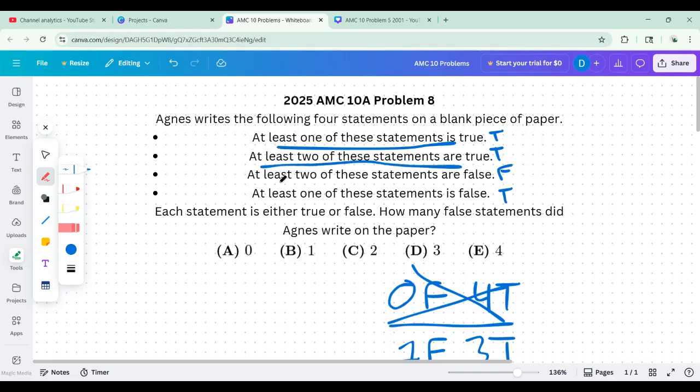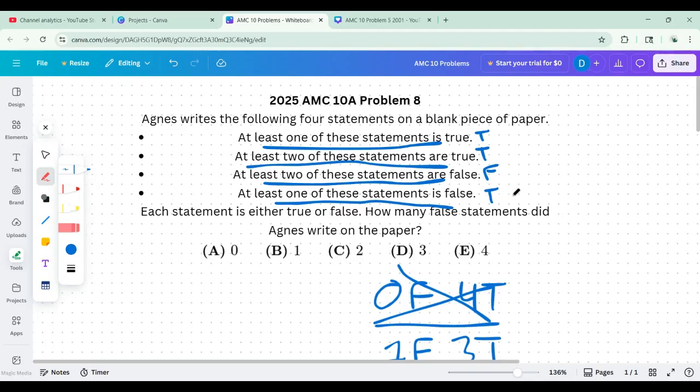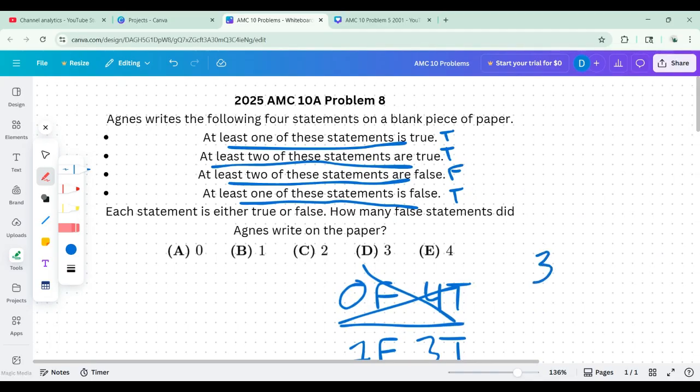There's three truths. At least two of these statements are false, and there's only one false, so the statement has to be false. At least one of these statements is false. That's true. So we realize that this instance works. Three truths and one false. And then we just pick based on how many false statements Agnes wrote on his paper.